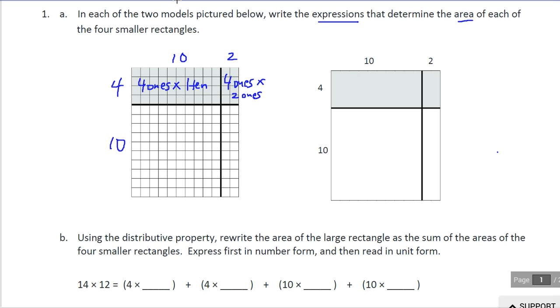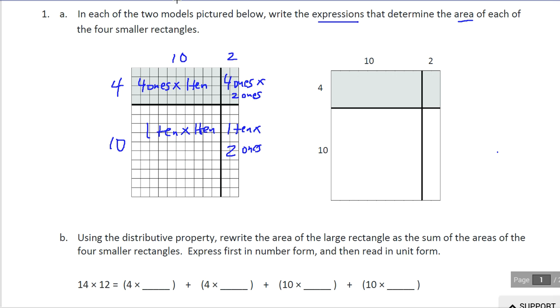And what about this box over here? Let's look at the big box here. That's 10 times 10. And then the last box here is going to be 10 times 2 1s.